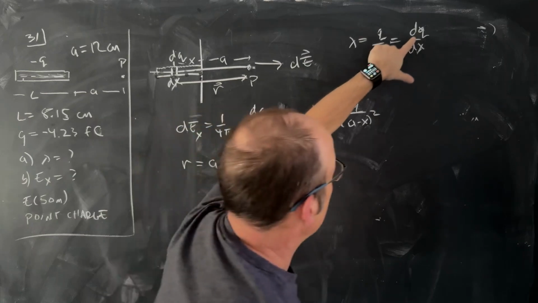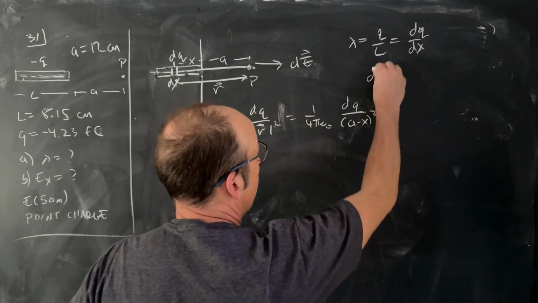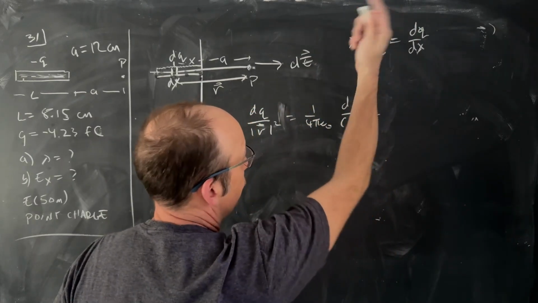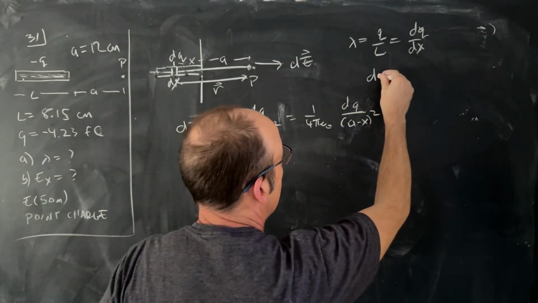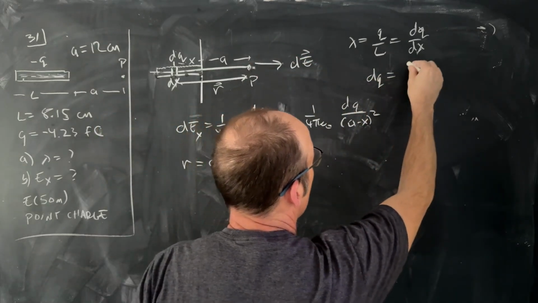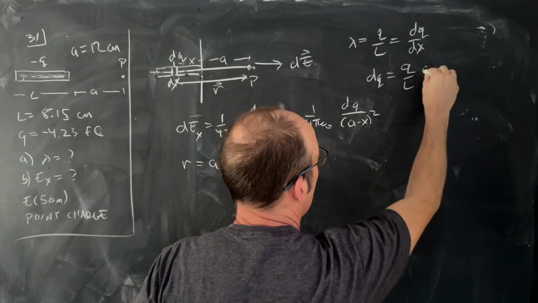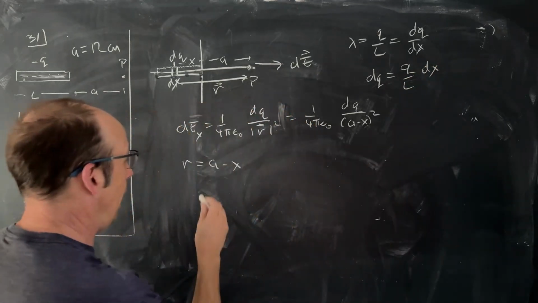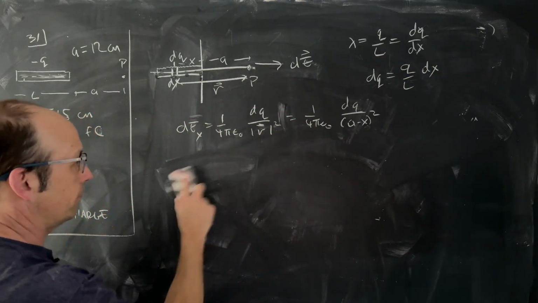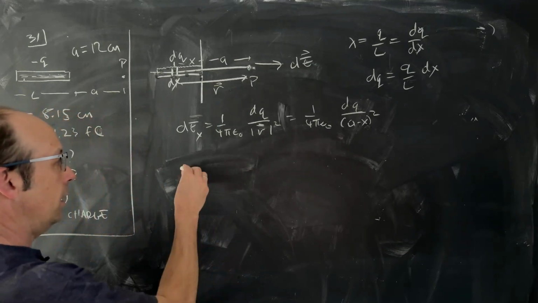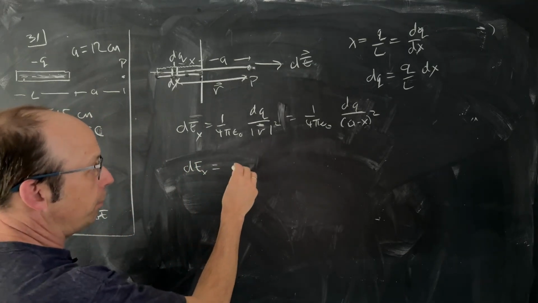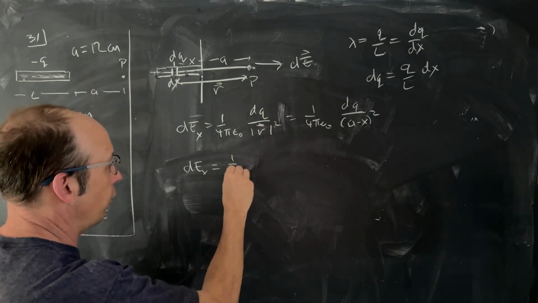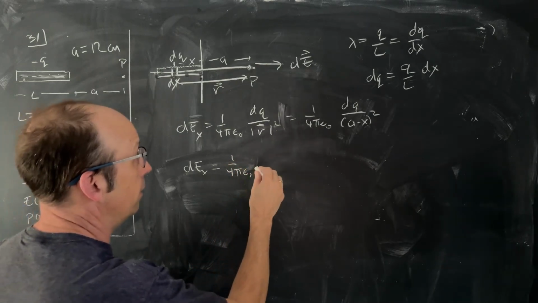But if that's the case, I can solve this for dq, and I get, well, if you do it in terms of lambda, they had it in terms of lambda. I'm just going to do it in terms of q. So I'm going to say dq is equal to q over L dx. So now I get the following. dEx is, I'm going to pull some constants out front, 1 over 4 pi epsilon naught.